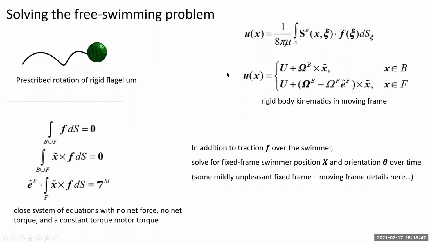You don't have to have a separate U at every node on the mesh. So what we're going to solve for is this traction, the surface stress all over the swimmer, and we're going to solve for, over time, the swimmer position, let's say the centroid of the body or something like that, and this orientation, 3, let's say, Euler angles for how this thing is situated.